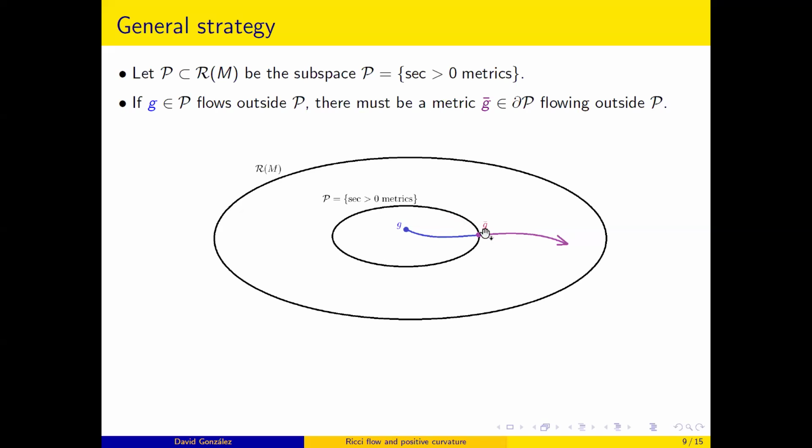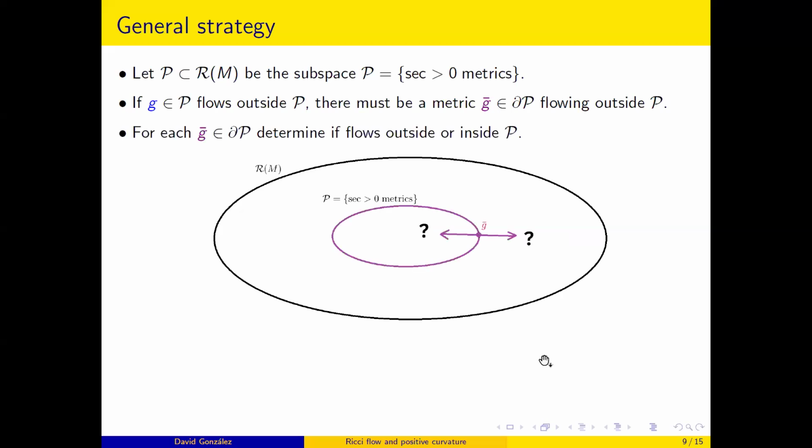You just need to check the metrics in the boundary. Okay, so this is a simplification. And so the strategy is to look at the boundary of this set, and for each metric decide if it goes outside or it goes inside. And this way you know if positive sectional curvature is preserved or not.